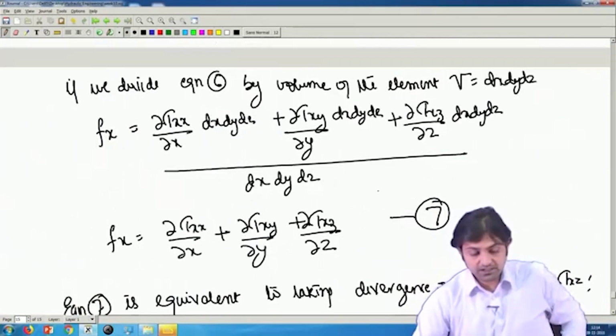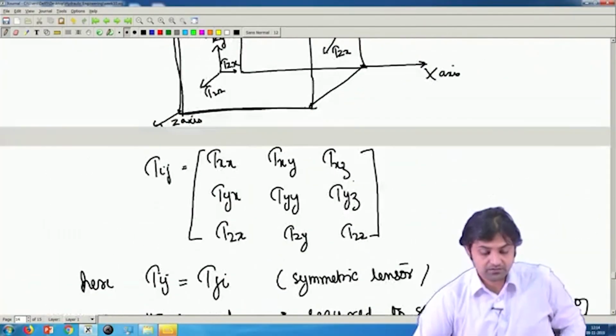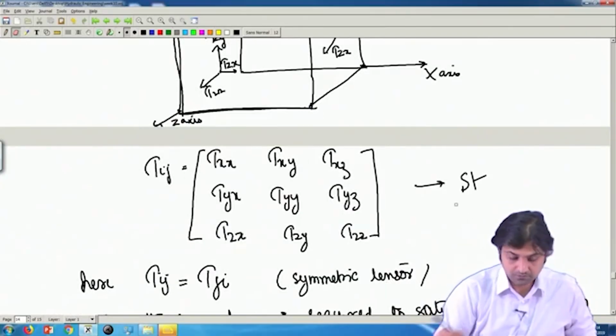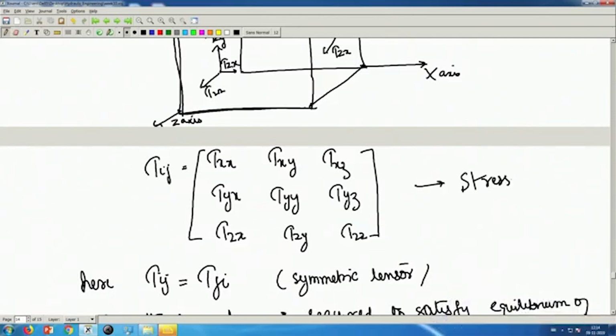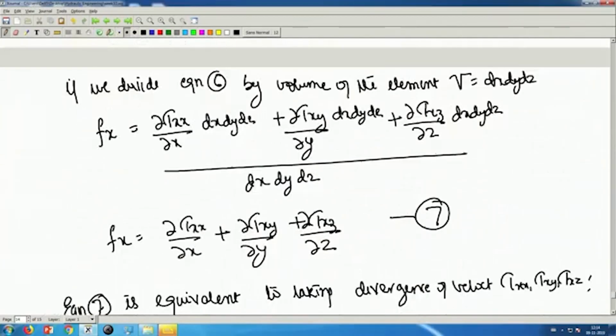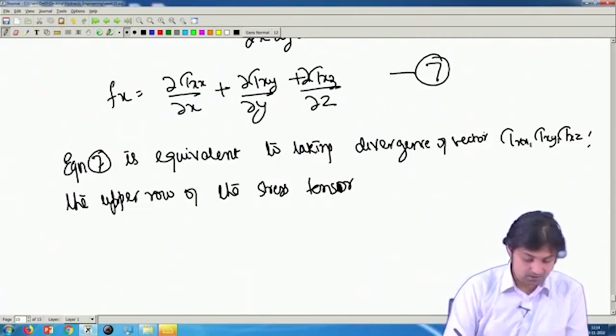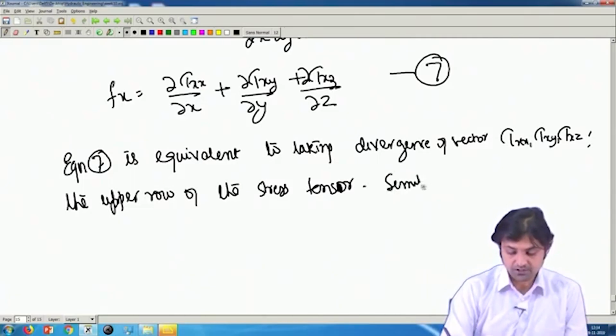The stress tensor is what? The tensor that we have written here. So this is equivalent to taking the divergence of this vector, I have written velocity here, of the stress tensor. Okay.